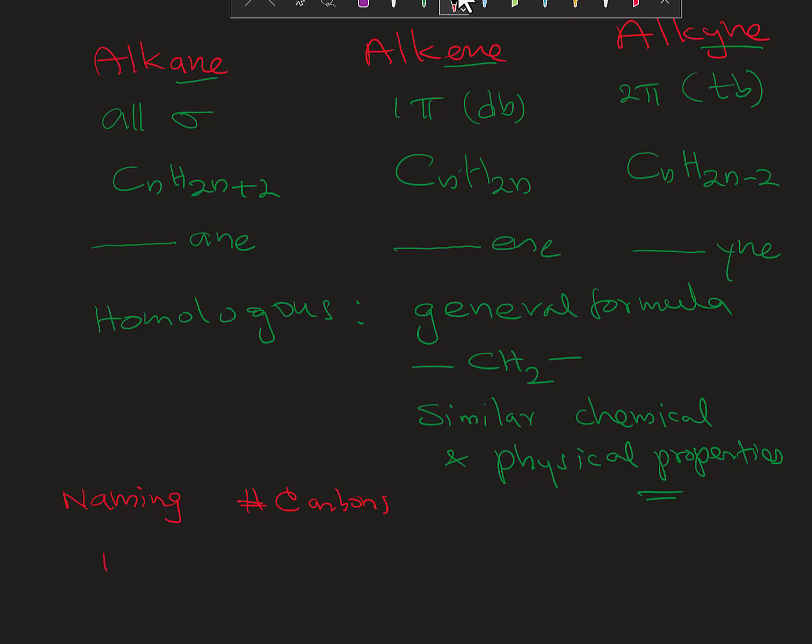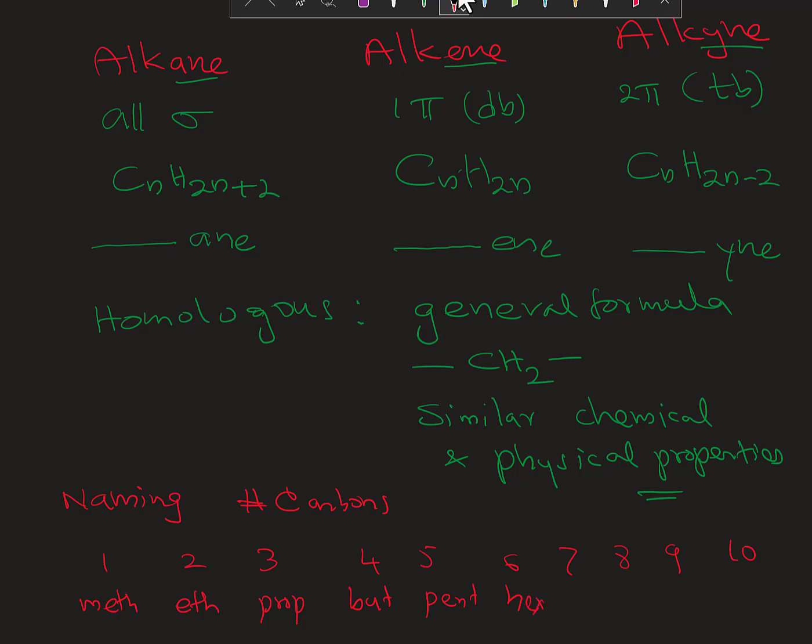I'll show you how. And so these are going to start with 1, 2, 3, 4 up to 10 at least, right? It can go to 50s, but you can at least try to remember up to 10. And then the name starts this way. 1 carbon is meth, 2 carbon is eth, 3 is prop, 4 is but, 5 is pent, for all 3, alkanes, alkenes, alkynes.